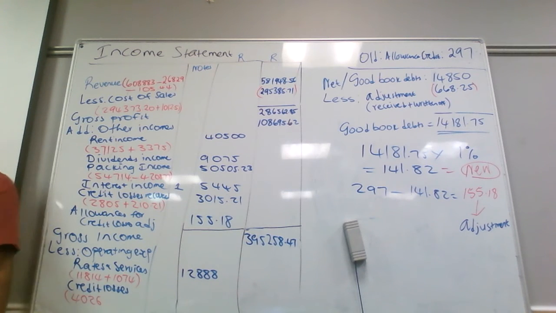Which adjustment do you think will affect us? Number 2. You have to write off the debtors' income. Do you know how much must we write off?